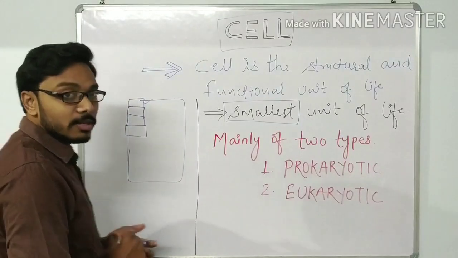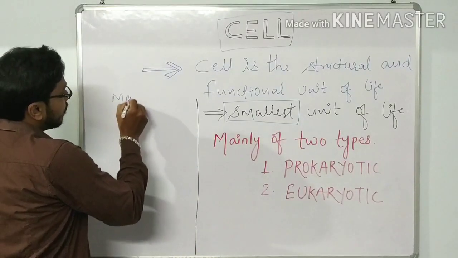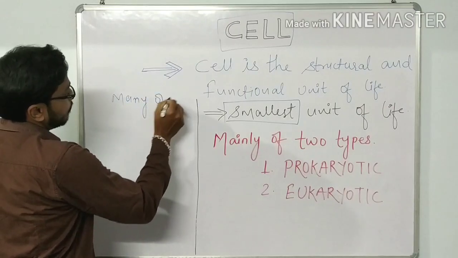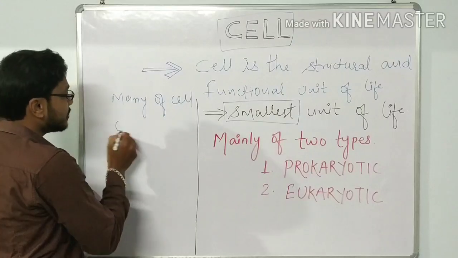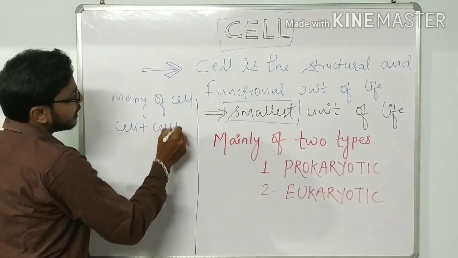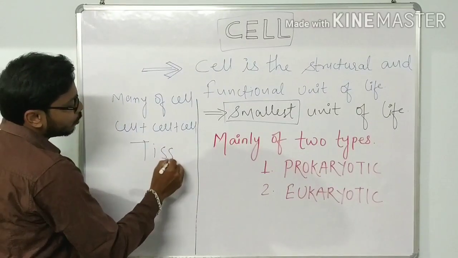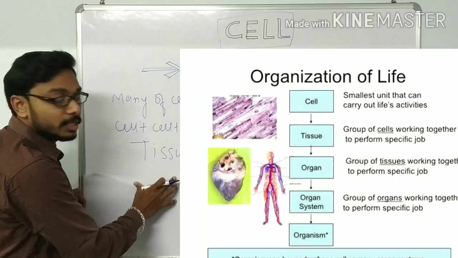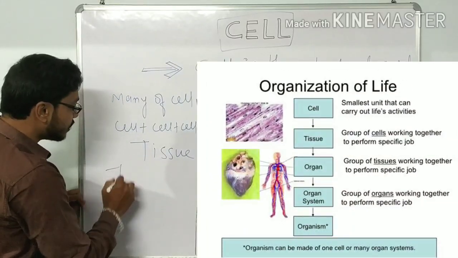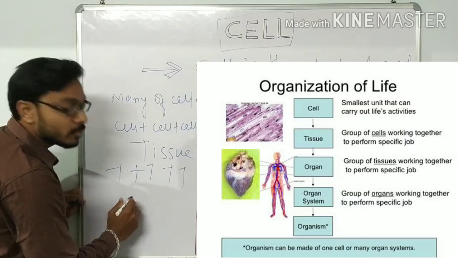Now I'll tell you one thing. See what happens. A group of cells, cell plus cell, means many cells comprise to form tissue. Understood? And after that, many tissues comprise to form an organ.